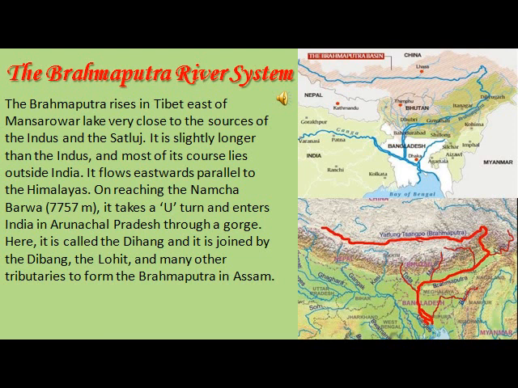On reaching the Namcha Barwa, which is 7757 meters high, it takes a U-turn and enters India in Arunachal Pradesh through a gorge. Here it is called the Dihang and it is joined by the Dibang, the Lohit and many other tributaries to form the Brahmaputra in Assam.